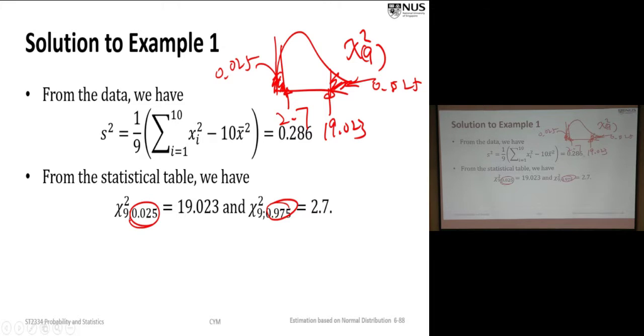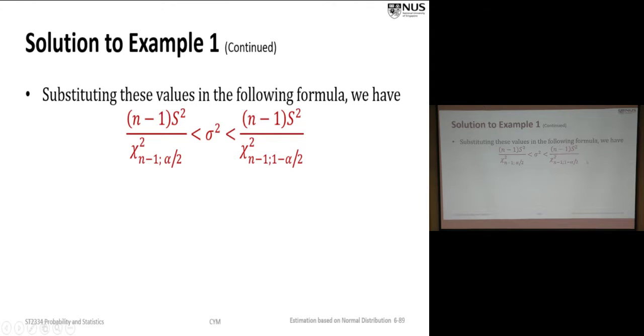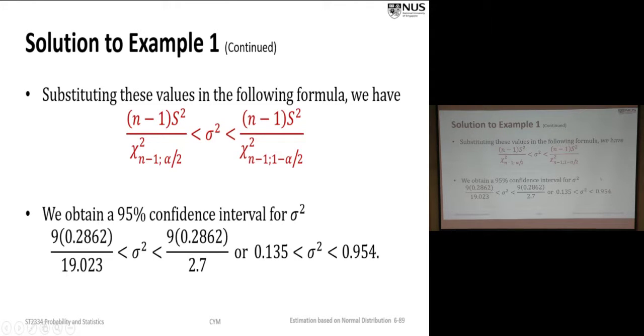So we have these two numbers. Then we substitute the sample data, so it's 9 times S square over these values. So sigma square is between 0.135 and 0.954. That is the confidence interval for the variance. We believe that the variance is covered by this interval, 0.137 to 0.954.